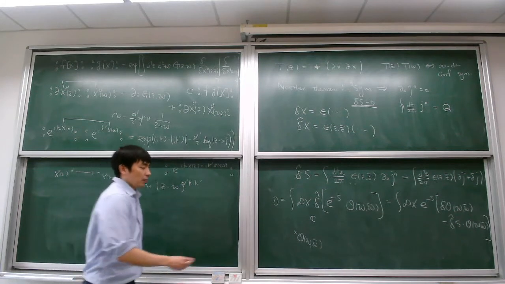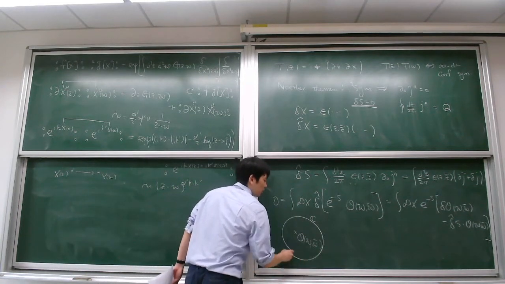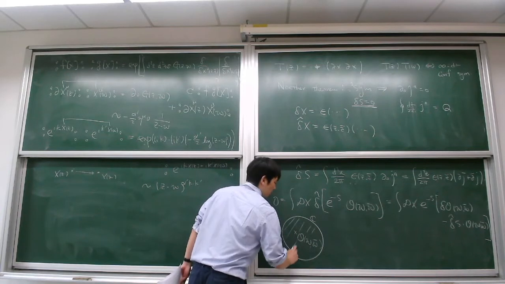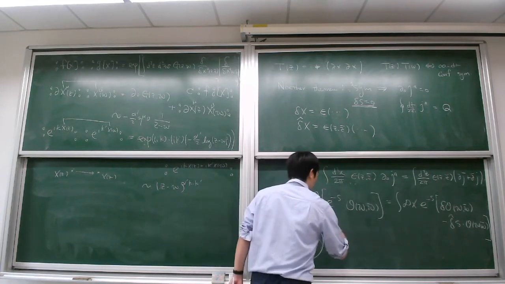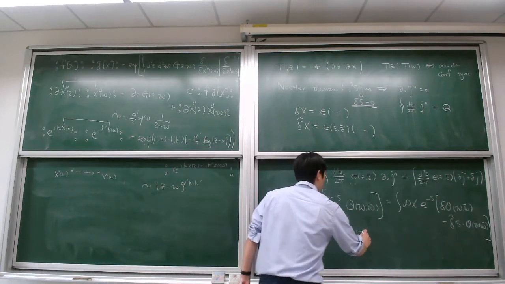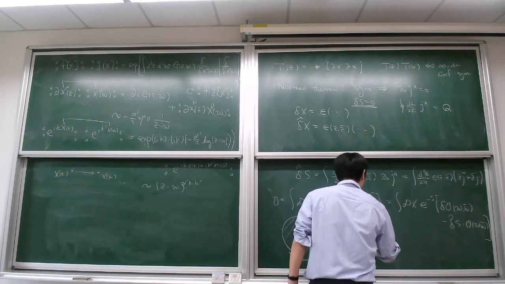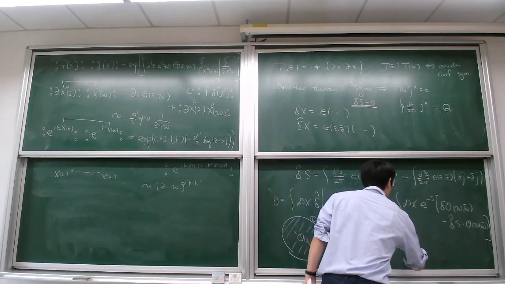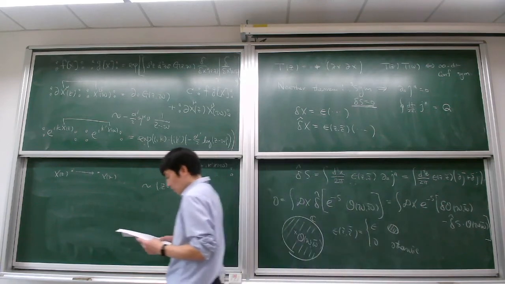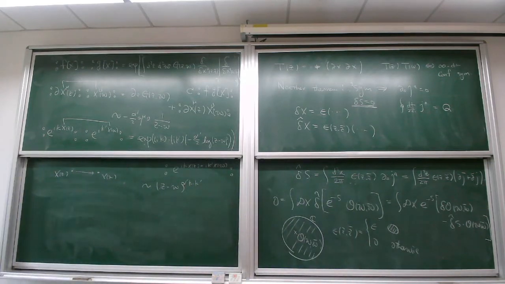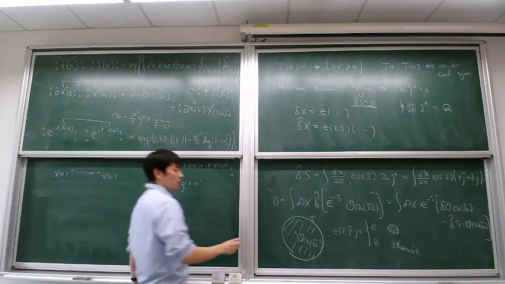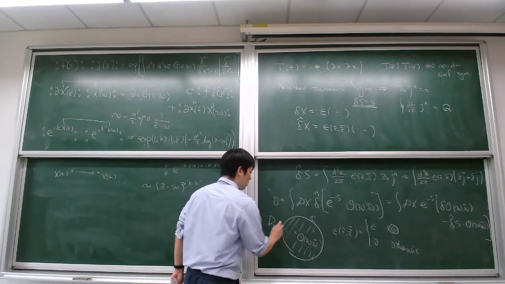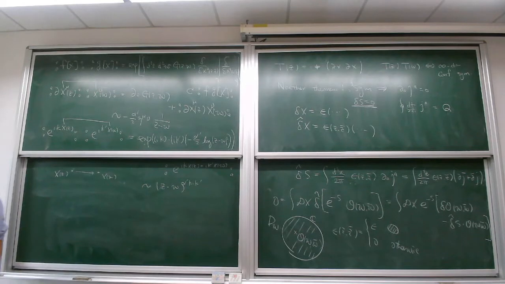And now for epsilon, I just take a certain unit circle, so epsilon of z bar is constant on this disk, otherwise 0. So this is the disk containing the point w, a disk around the point w.